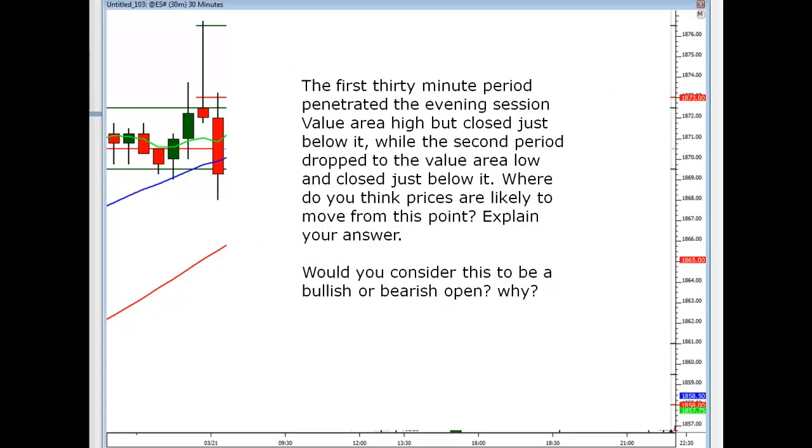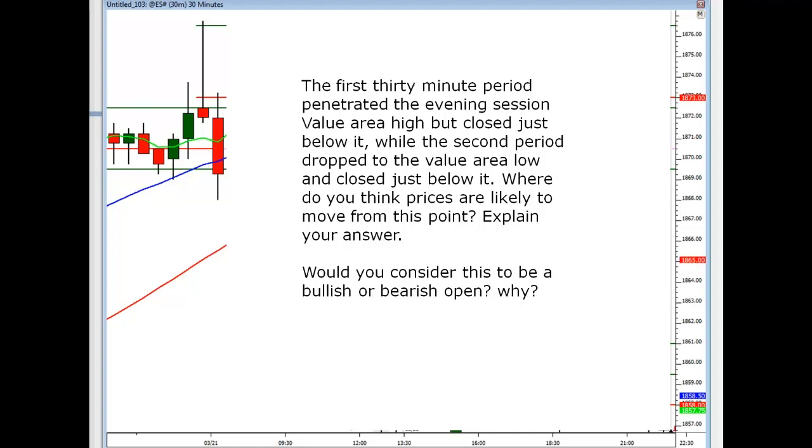Okay, now we move to a different chart, a different problem on our exercise. Here in this problem, we are now looking at the open again in terms of two candles, the first 30-minute periods, and this will be a good introduction to our lesson today.